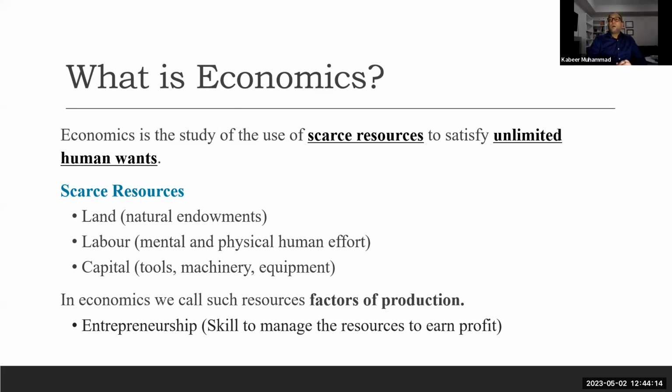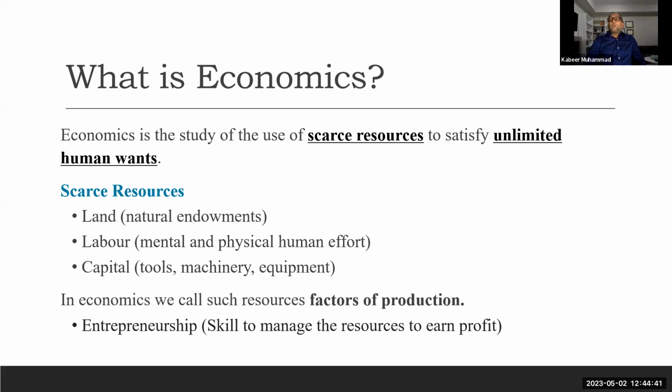So if we want to define what economics is, economics helps us to make decisions which are optimal and beneficial for the society, economy and country, or as an individual, about how to utilize whatever resources we have to get the maximum benefit, or the benefit for the maximum number of people.